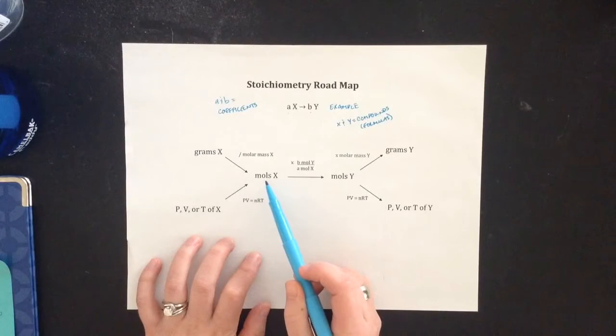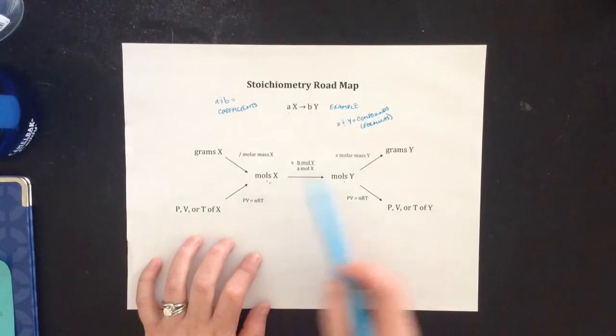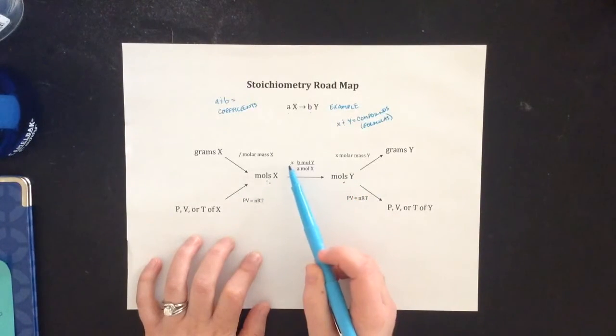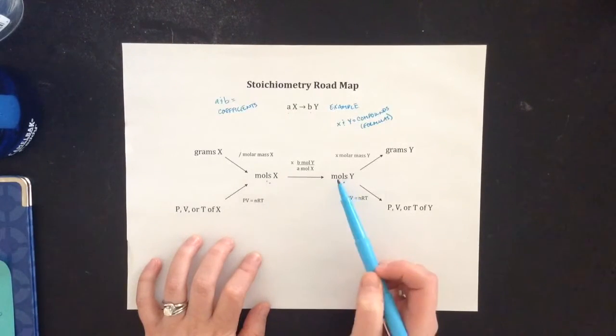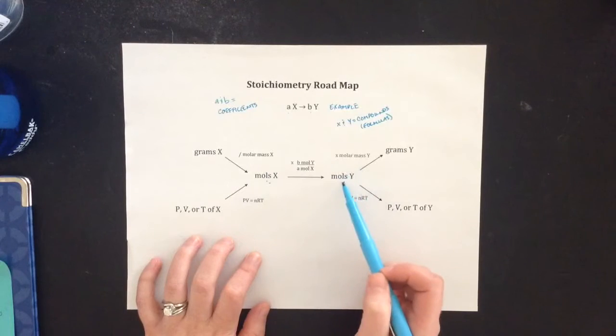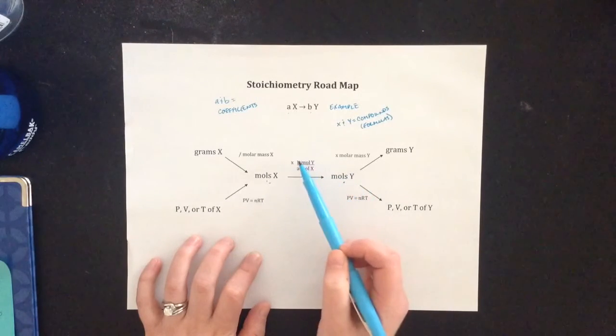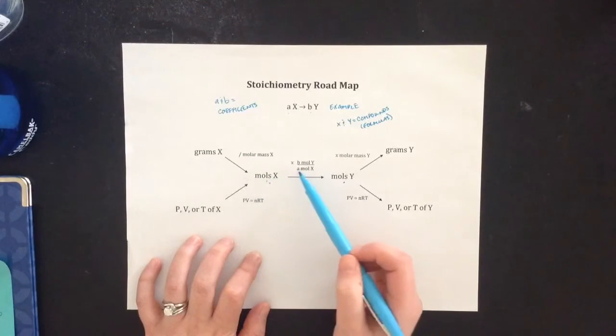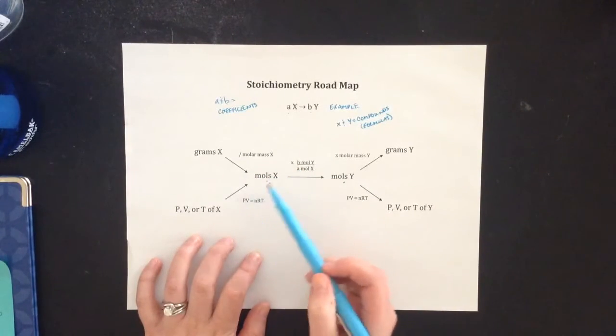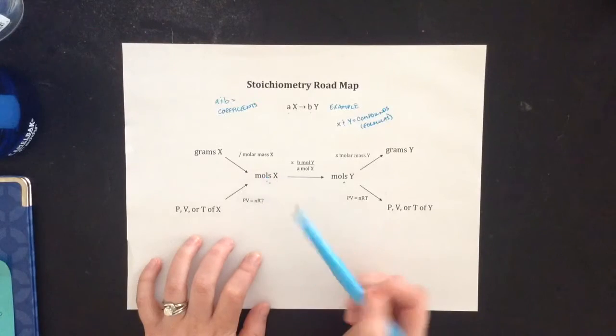So if we want to go from X to Y, so moles of one compound to moles of another, you're going to multiply by the mole ratio. And the mole ratio is always going to have the coefficient of the compound you're looking for. So in this case, Y is going to go on top. And the coefficient for X, what you're starting with, is going to go on the bottom. This makes it so that your units will cancel.